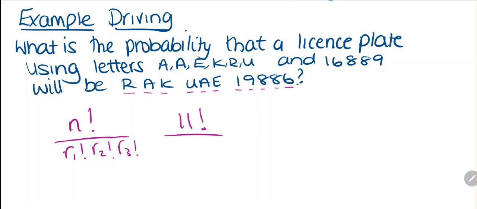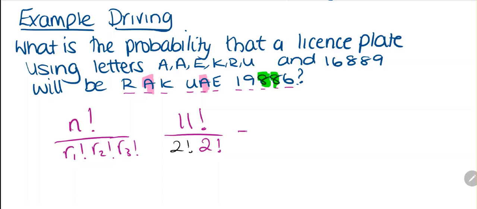And then if we look at what repeats, we have 8, which appears 2 times, so that's going to be 2 factorial. And we have an A, which is also 2 of them. The rest are all times 1, so times 1, 2, 3, 4, 5, 6, 7, 1 to the power 7 factorial, which is just 1.